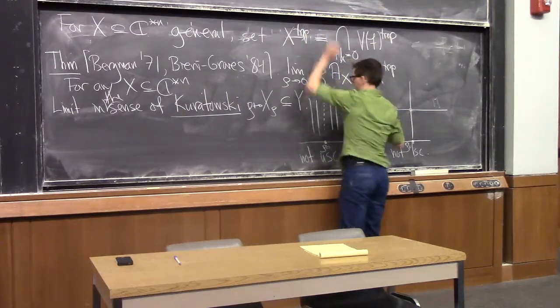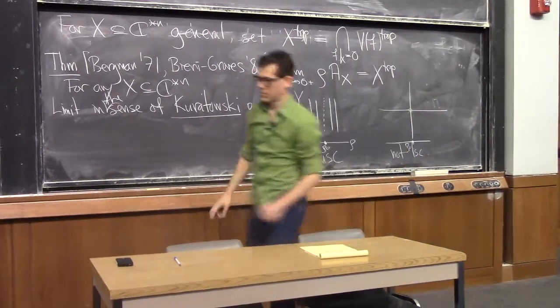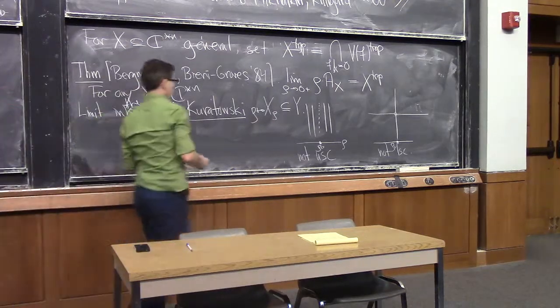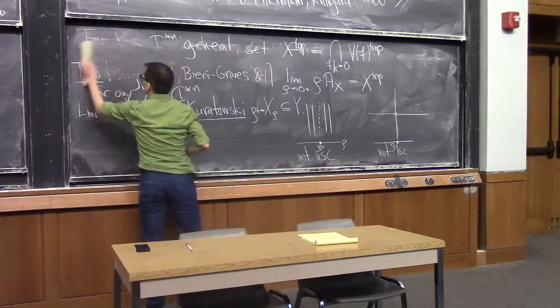The other remark is that I formulated things inside the torus. Essentially the same proof that I'm using works for general toric varieties. So let me just mention that.